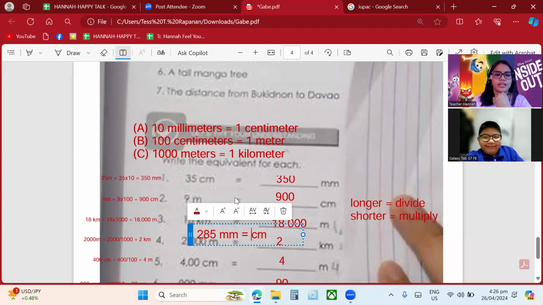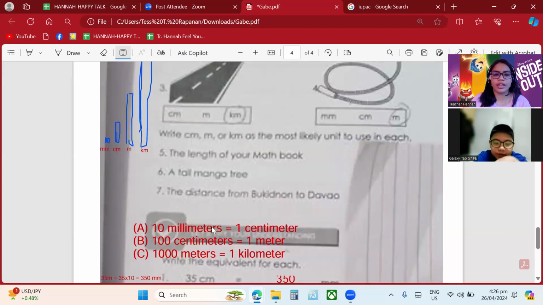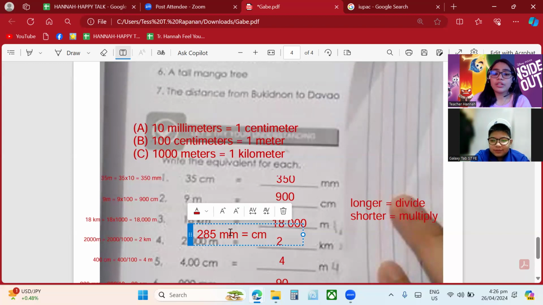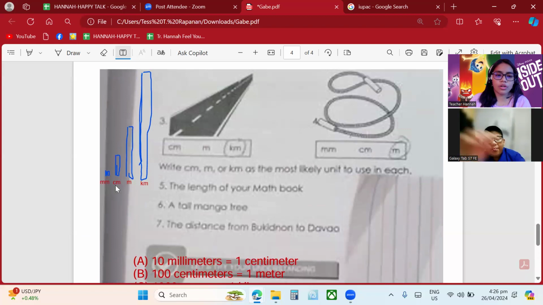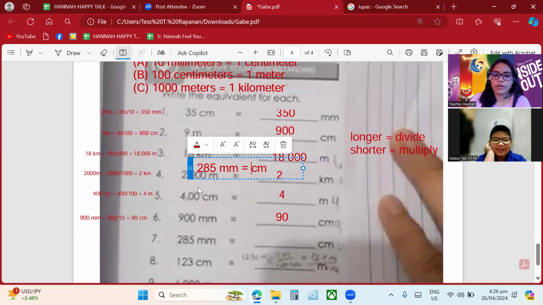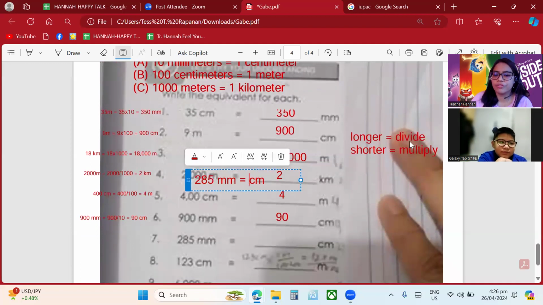Remember letter A. Millimeters going to centimeters. Is it longer or shorter? Longer. If it is longer, what are we going to do? Divide or multiply?